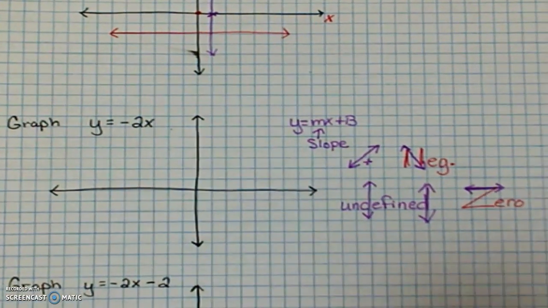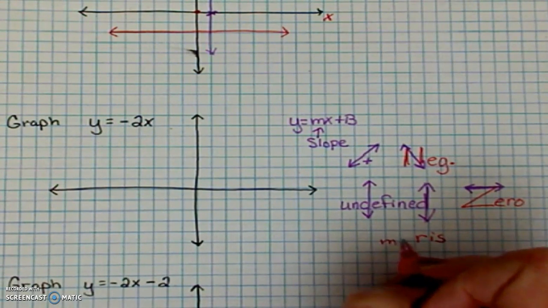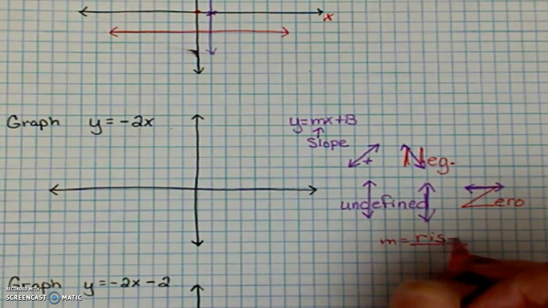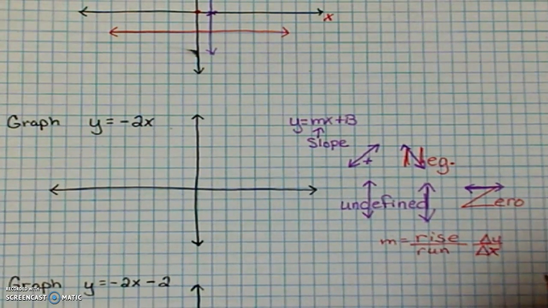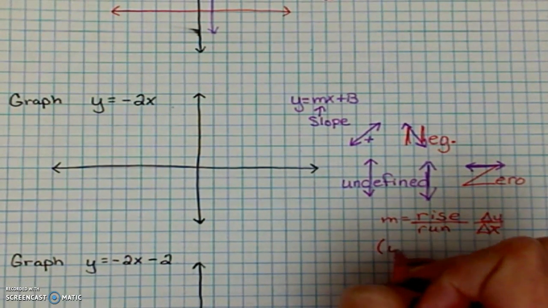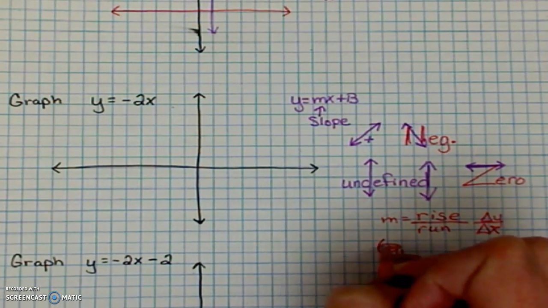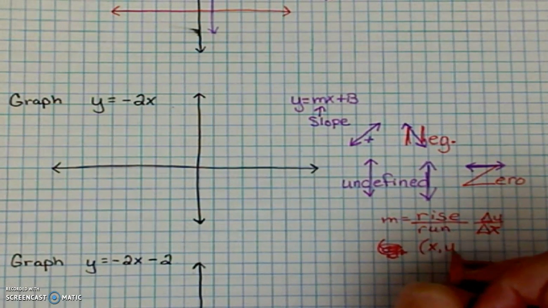Now the reason your slopes are that way is because slope is the same thing as rise over run. So it is the change in the y-axis over the change in the x-axis. For the IXL that you had, when you were given 2 points, one of them has the coordinate point x sub 1, y sub 1.